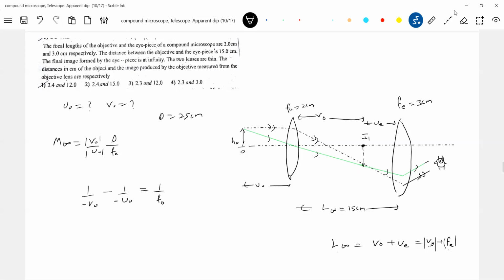He's asking V naught and U naught, no? Okay, then this is enough from here. If you are asked magnification, magnifying power, use this formula. If not asked, this can also be determined.